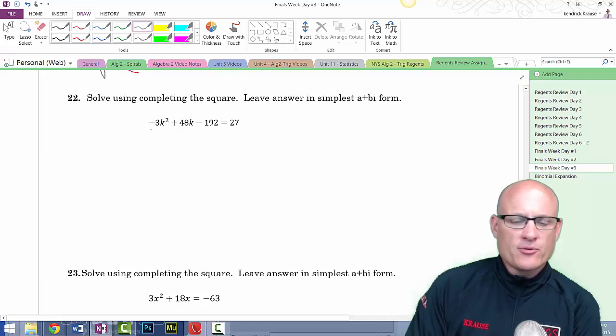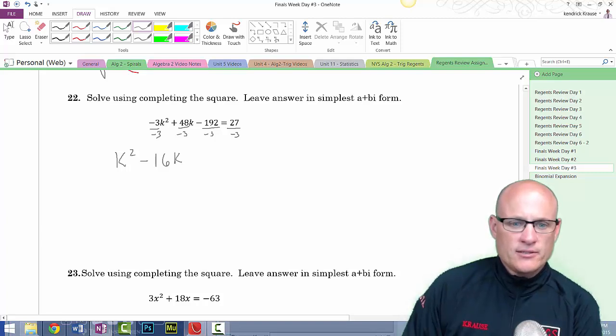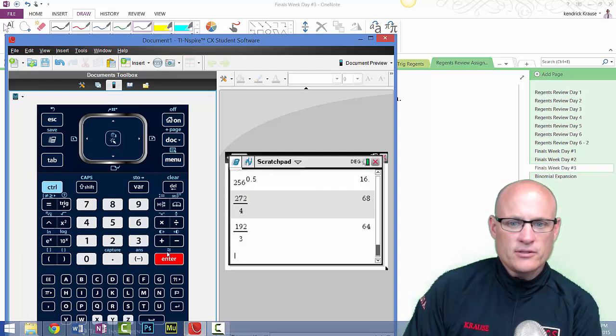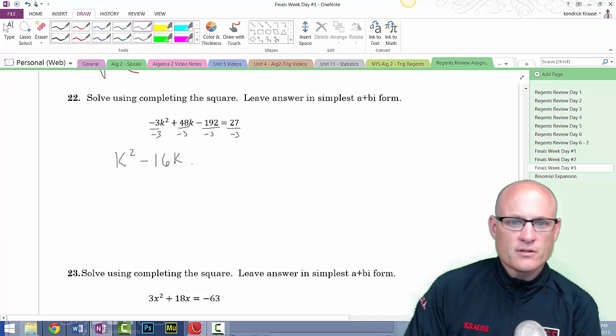So I'm going to divide through by negative 3. So I get k squared plus minus 16k, let's see, 192 divided by 3, 64. So plus 64 equals negative 9.